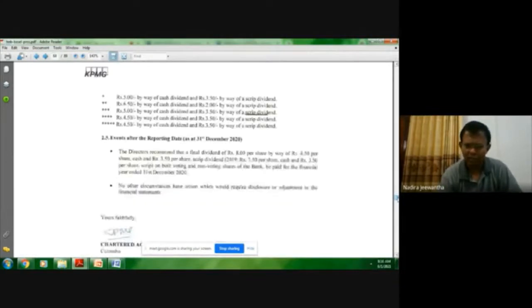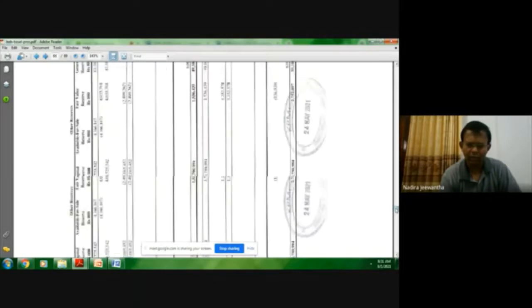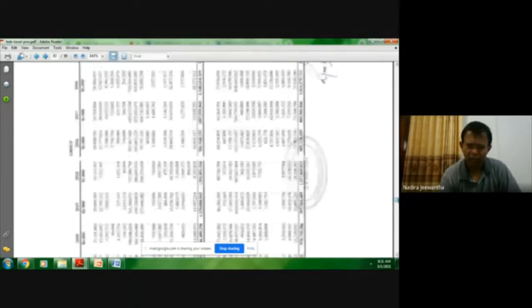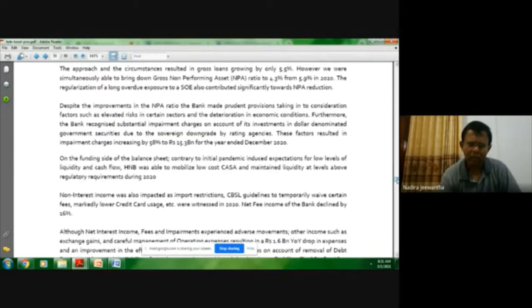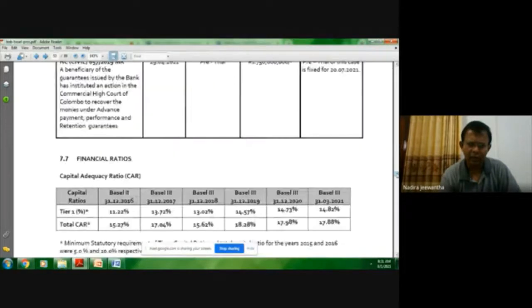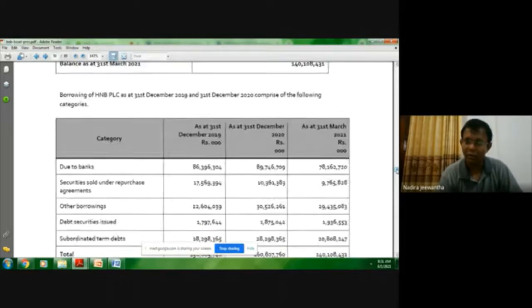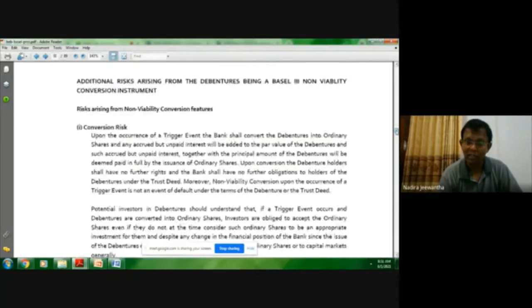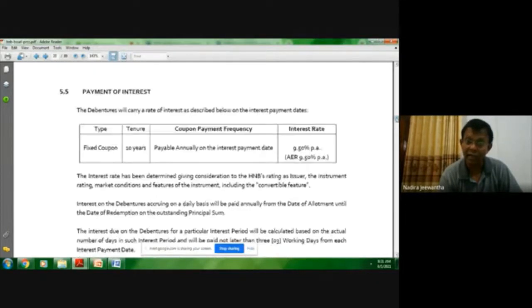Present financials are okay, audited by KPMG. That's fine, audited accounts. Future projects are okay for me. But how do I know the credibility or the repayment of my money? Repayment of my money. Now I am investing in this particular debenture for 10 years.